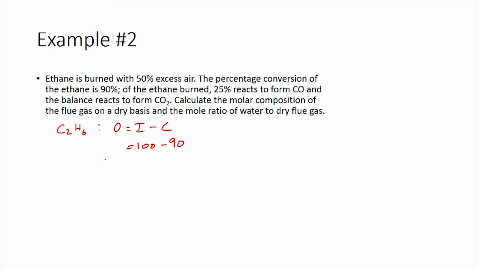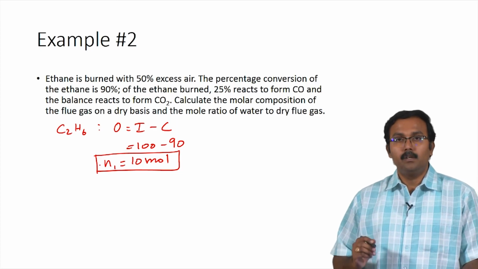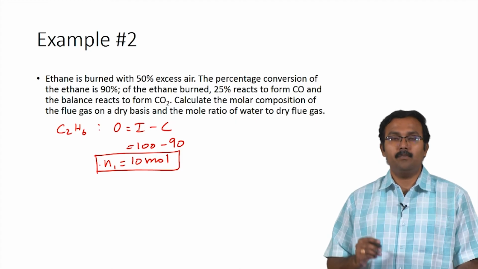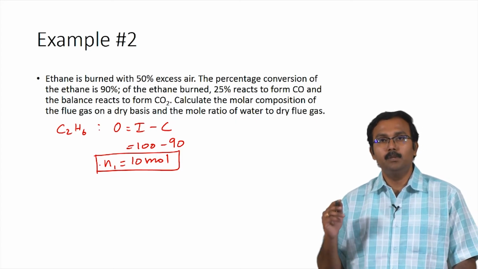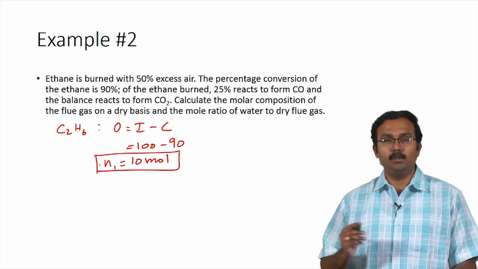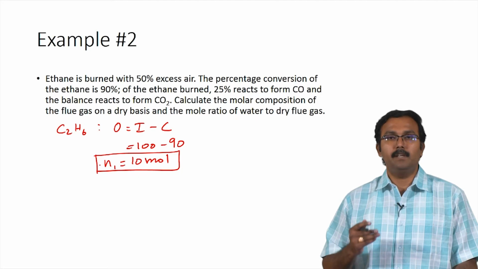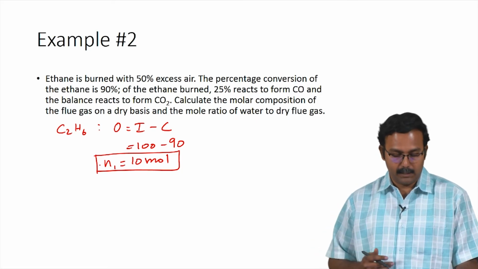So, output of ethane which we wrote down as N1 would be equal to 10 moles. So, if we were to use the other information which has been given, that is 25% of the ethane that is consumed actually goes into carbon monoxide and the rest goes into carbon dioxide, we will be able to calculate how much of ethane went into carbon monoxide reaction and how much went into carbon dioxide reaction.